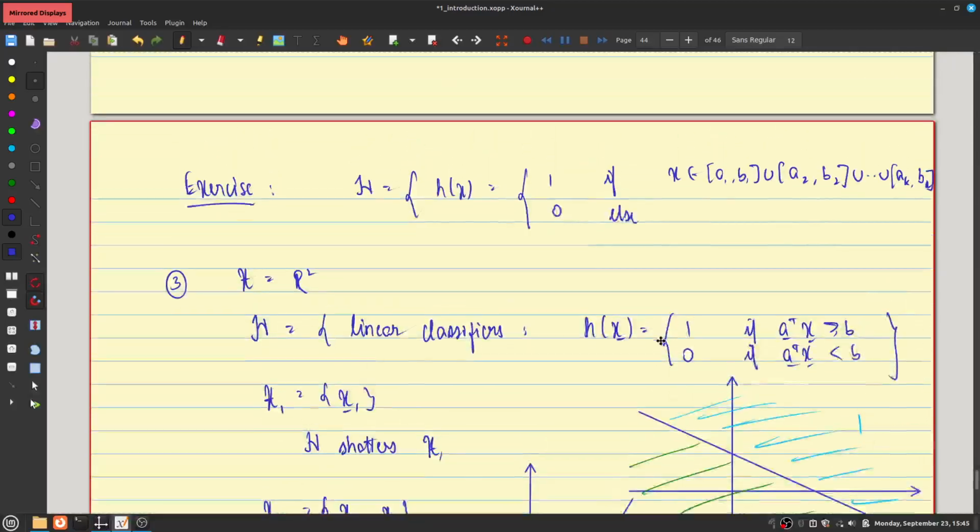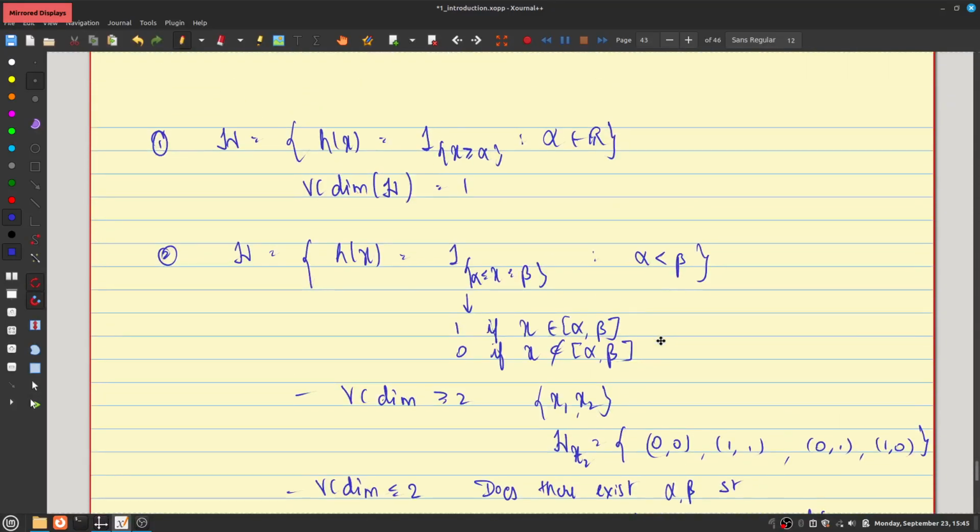Let's just take, you restrict your class of alphas. Suppose alpha can be 0, 1, or 2. Let's say 3 different values of alpha. What is the size of H? 3. What is the VC dimension?